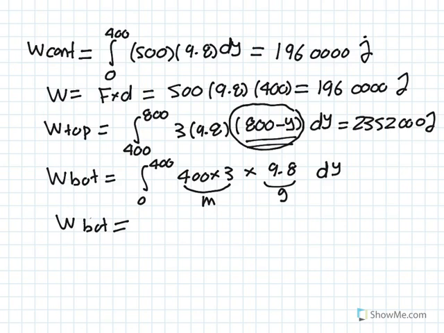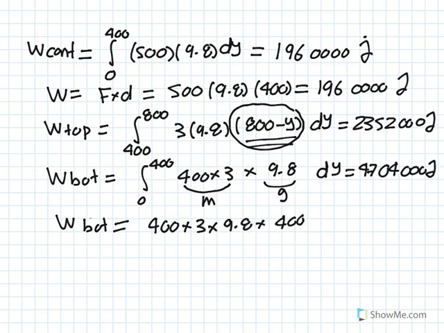When we applied an integral, we got 4704.123 joules. Now we can just go 400 times 3 times 9.8 times 400. This part is the mass of the 400 meters of cable, gravity times distance. And we get exactly the same answer.